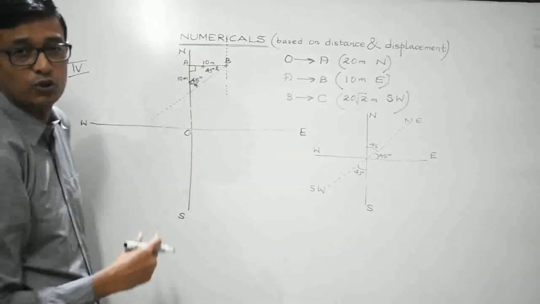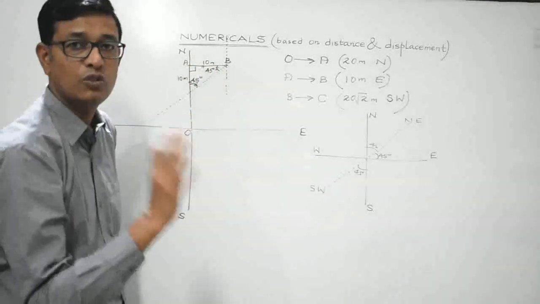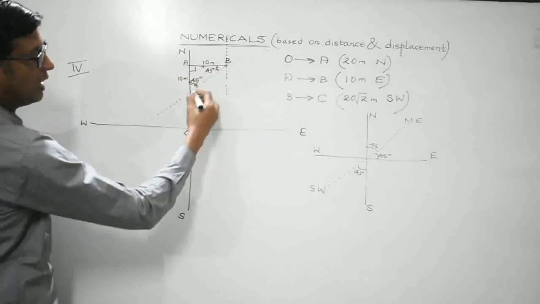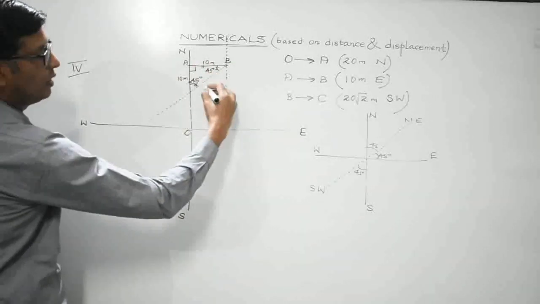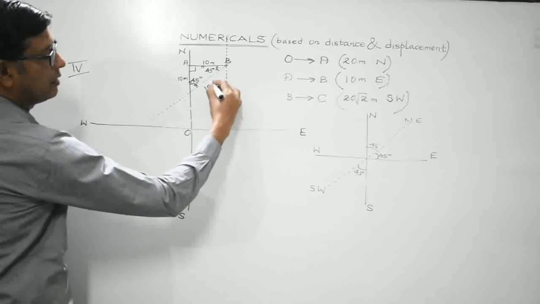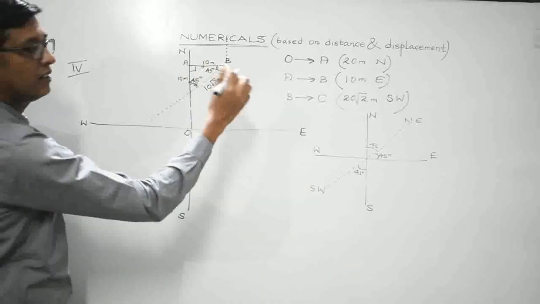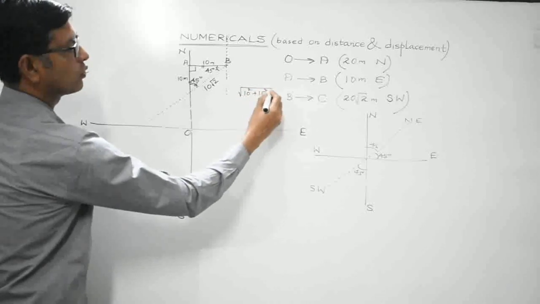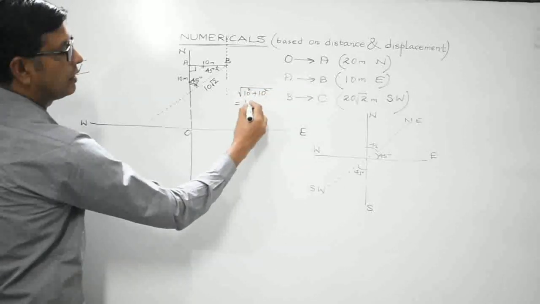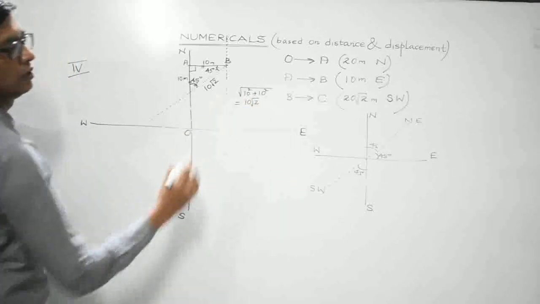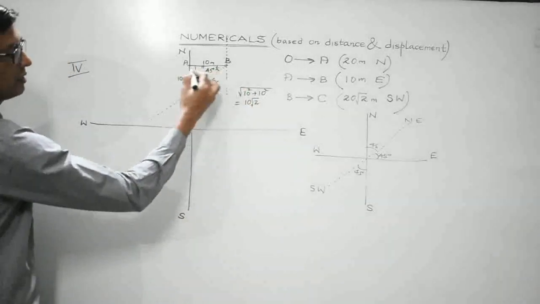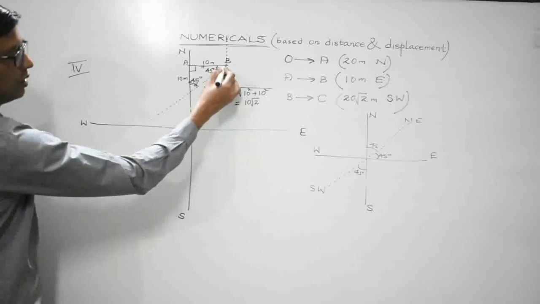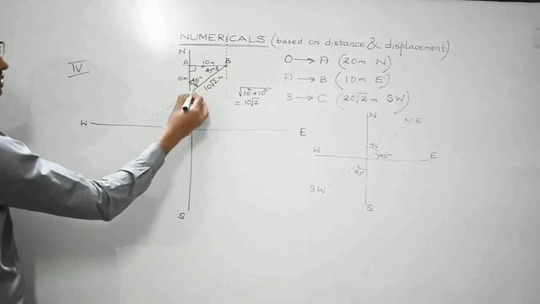Therefore, sides opposite to the equal angles of a triangle must be also equal. 10, 10, it's a right angle triangle. So what will be the hypotenuse? Make use of Pythagoras theorem. Square root of 10 square plus 10 square, so it will be equal to 10√2. So the hypotenuse will be 10√2 meter. So up to here, it is 10√2 meter.